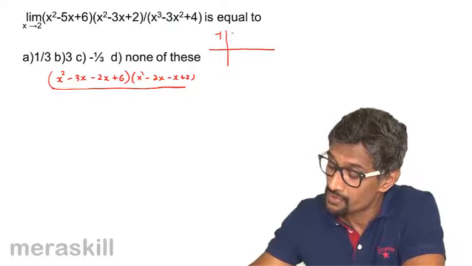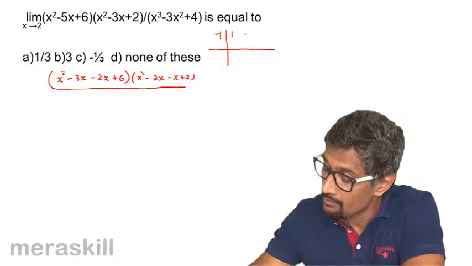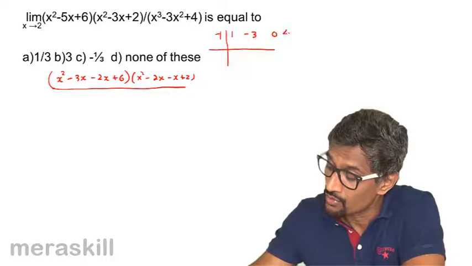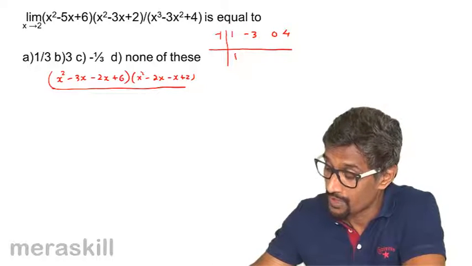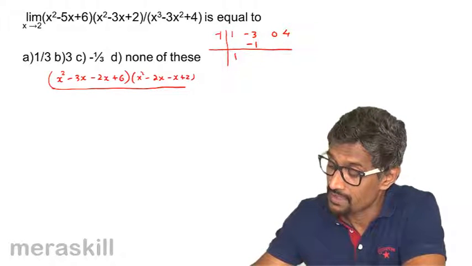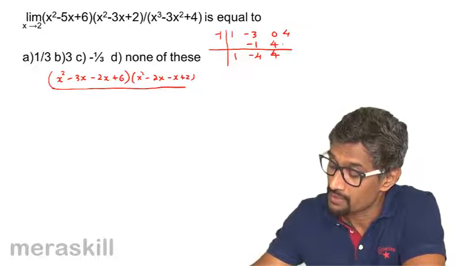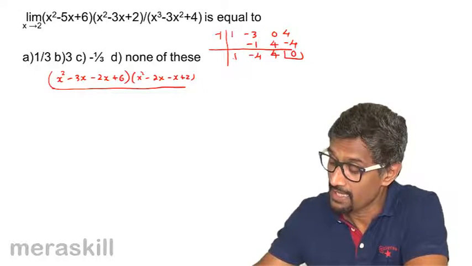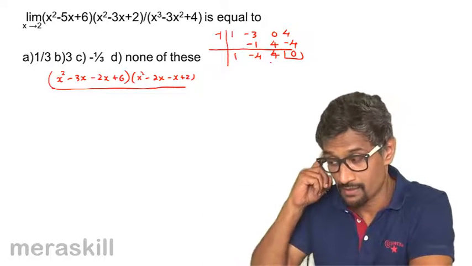And the coefficients of this are 1, minus 3, 0 and 4. So you get 1, minus 1, minus 3 minus 1 is minus 4. And you have 4, 0 plus 4 is 4, minus 1 into 4, 4 minus 4. So the other factor is going to be x square minus 4x plus 4.